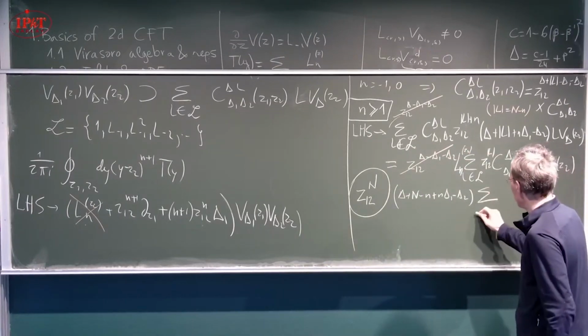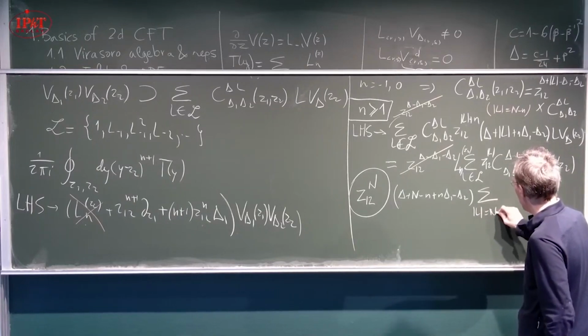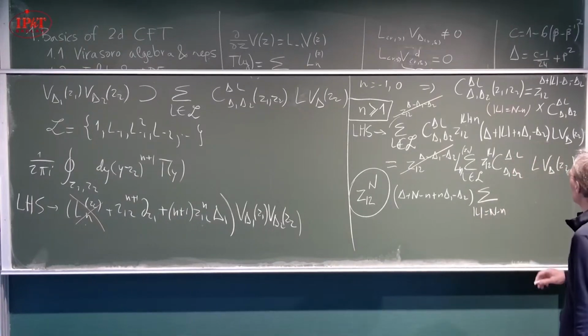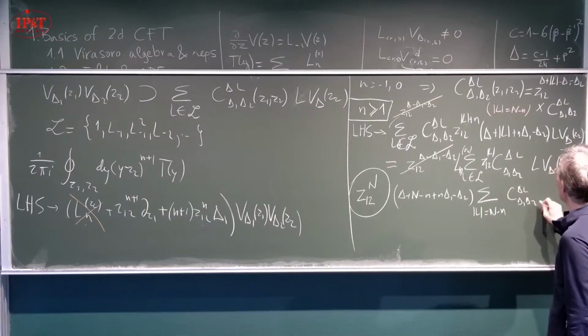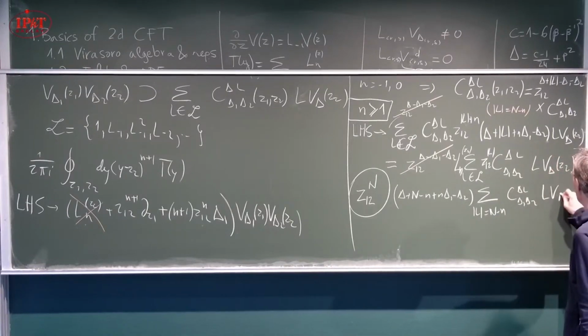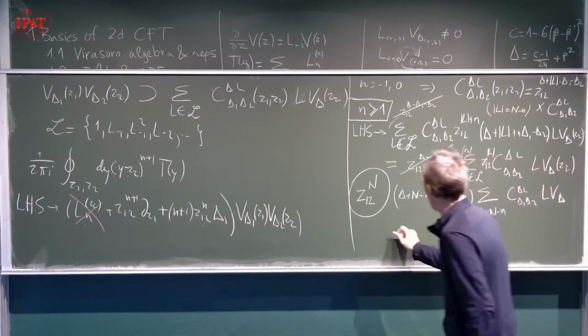Then a sum over not all descendants, but all descendants at the correct level, C delta L delta 1 delta 2 L v delta.